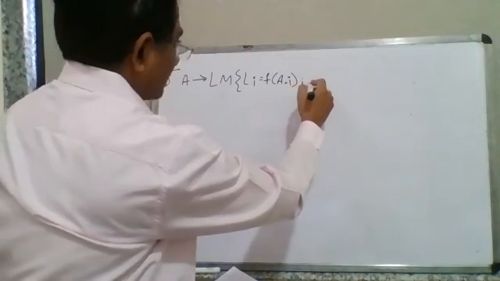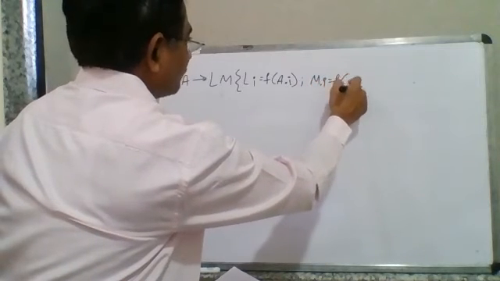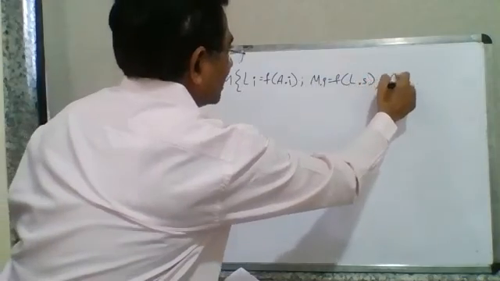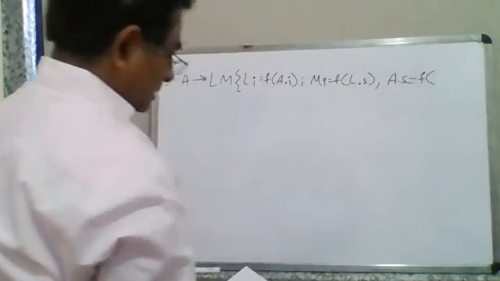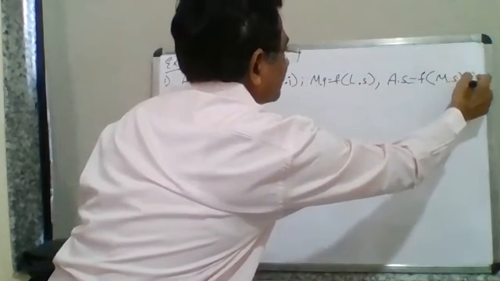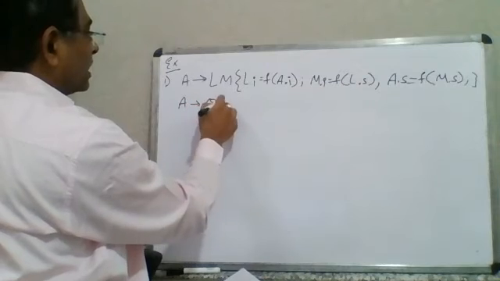Then M.i is equal to a function of L.s, and A.s is a function of M.s. This is what is there, and then A tends to QR.